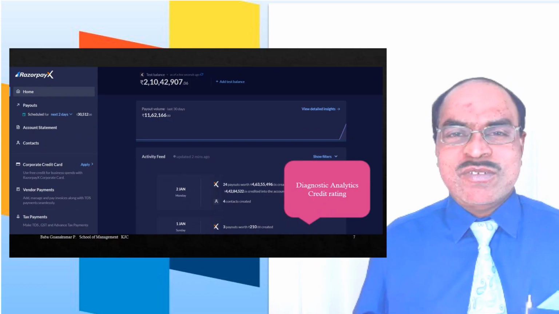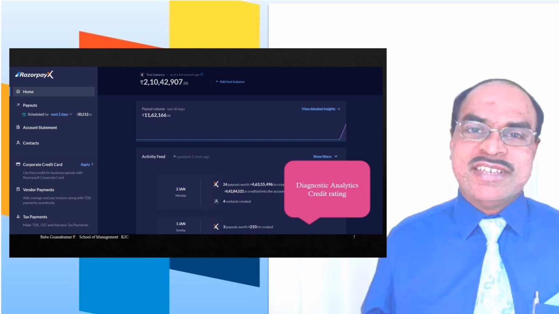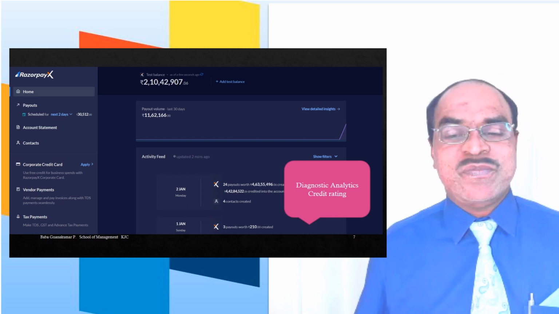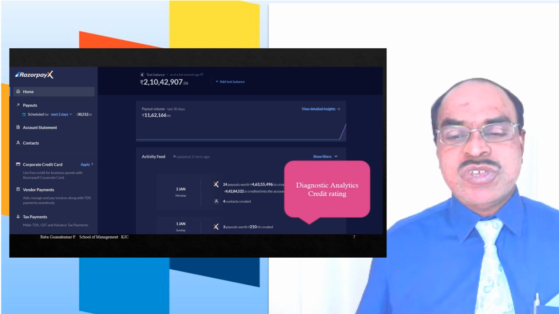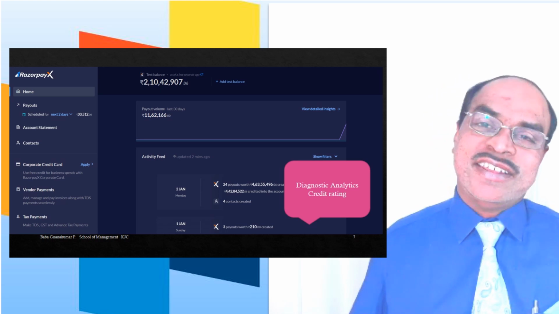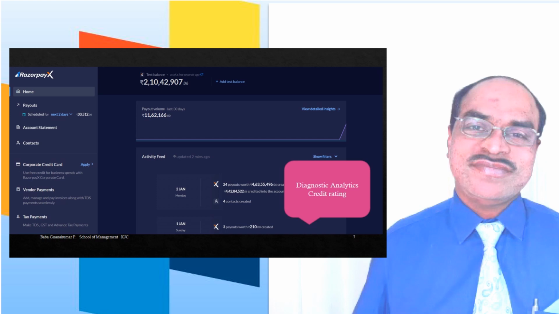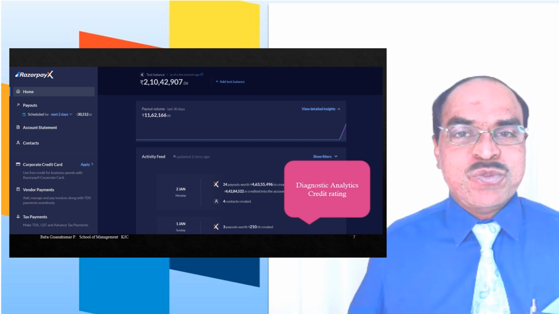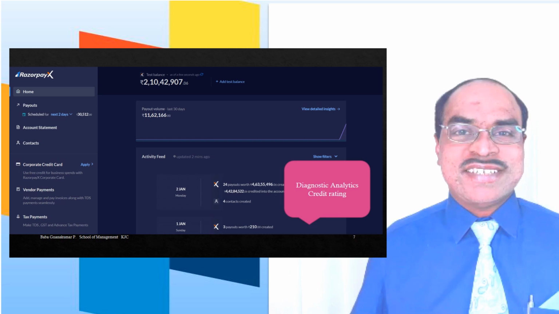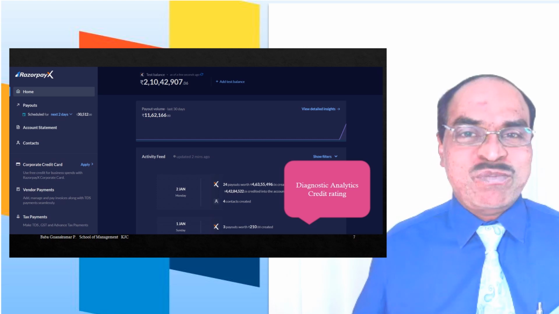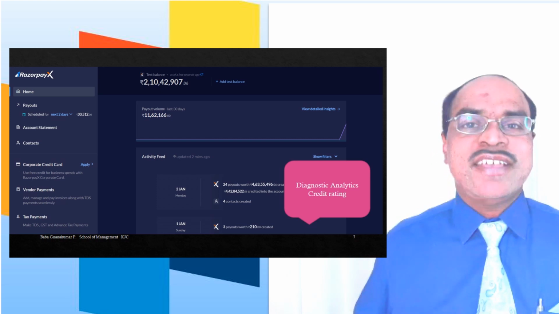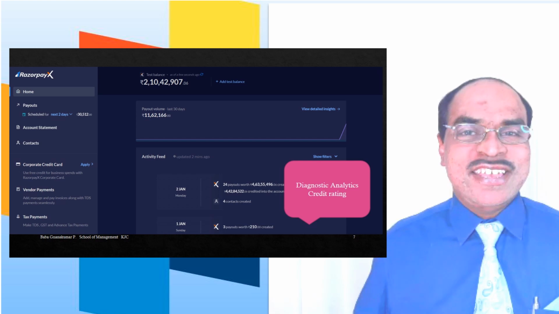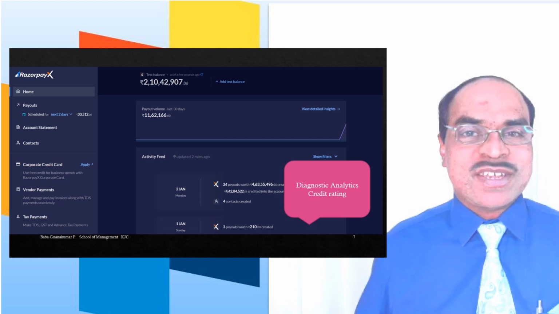Another one, the second biggest fintech organization in India, is Razorpay. Its USP is diagnostic analytics, especially for credit rating. If you provide a loan to a particular person, is he able to repay the loan, what is his CIBIL score, and how can we identify the repaying capacity of a customer?